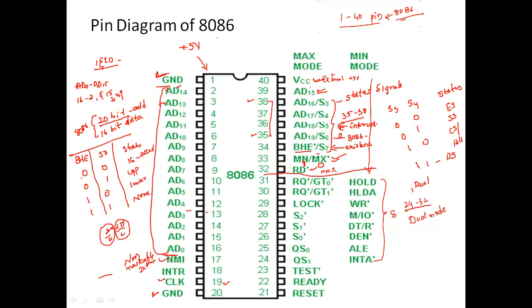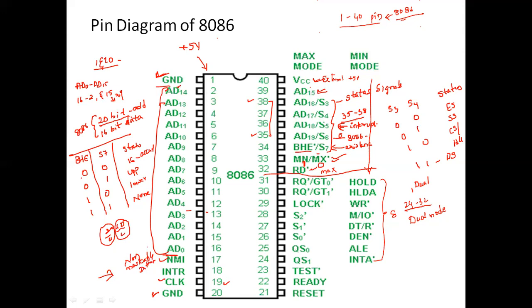So when NMI occurs, the interrupt service routine is generated by the interrupt vector table itself. Maskable interrupts mean the CPU can take the decision whether to attend that interrupt or not. Non-maskable means it has the highest priority, and the CPU must attend to it. So that is the purpose of this NMI.